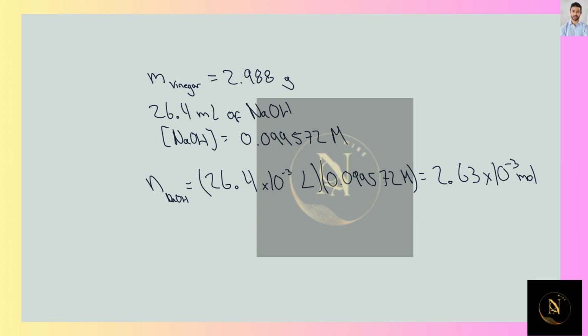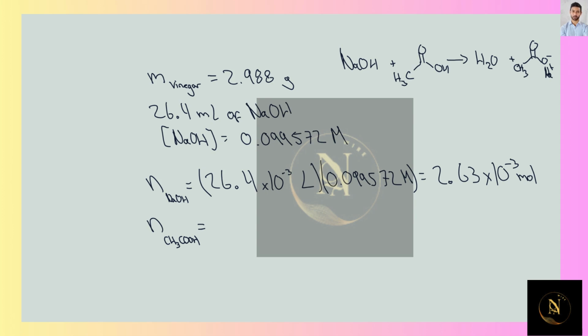Next up, we're asked for the moles of acetic acid, CH3COOH, in the vinegar. If we look at the reaction between sodium hydroxide plus acetic acid, we can quickly realize that this is a one-to-one reaction in which we're forming the acetate ion, CH3COO-, plus water.